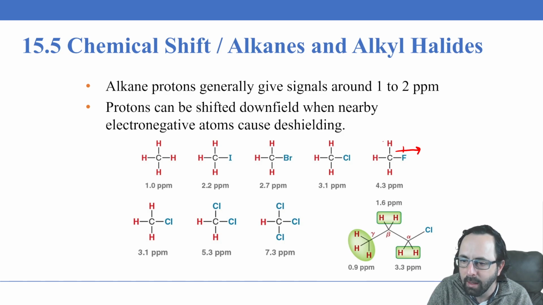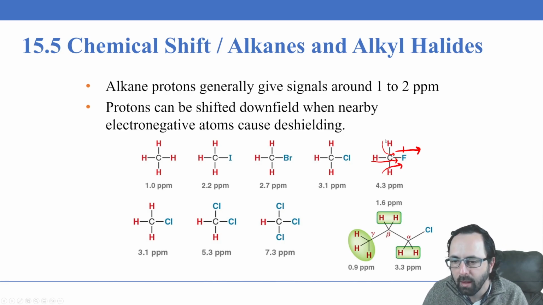But then there will be an inductive effect where the electron density is pulled away from each of these hydrogens in this direction, thus de-shielding them. And thus they will get a greater exposure to the external magnetic field, and it will take a greater amount of energy in order to induce the spin flip. And so you will get a greater chemical shift of approximately 4.3 ppm in this case.